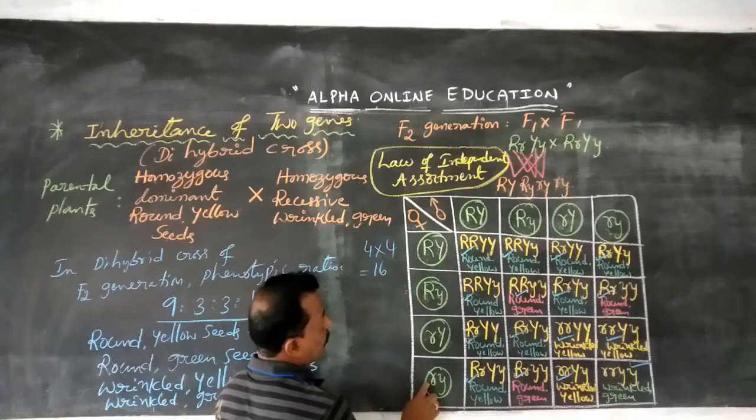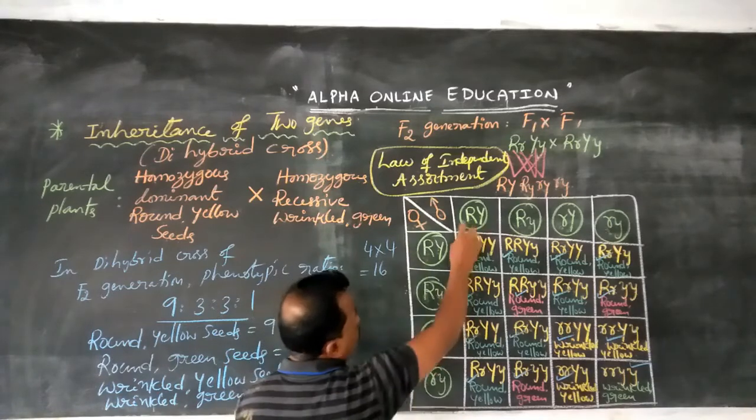Last, the fourth row. One female gamete crosses with four male gametes.